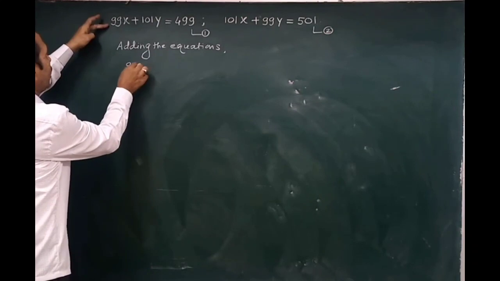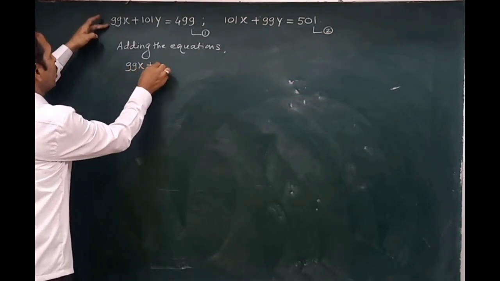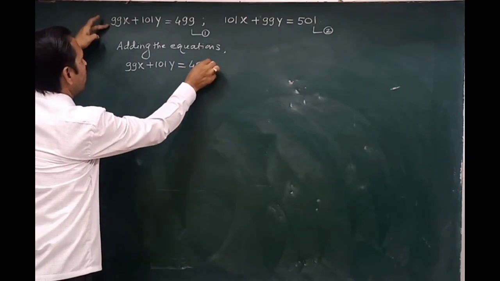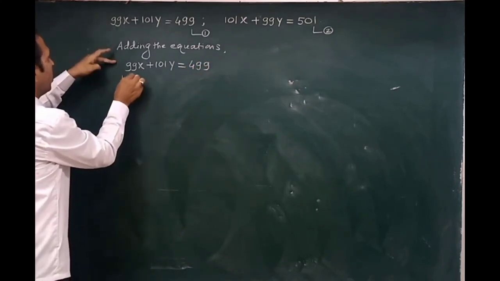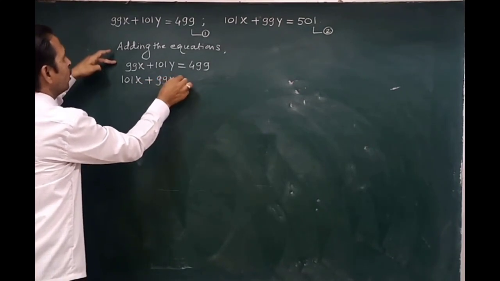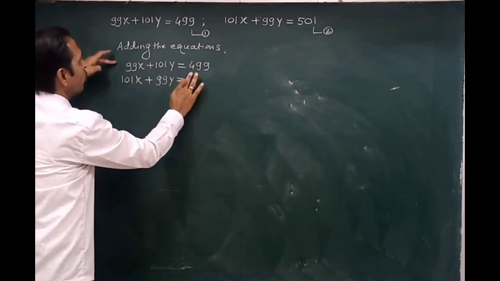Then 99x + 101y = 499 and 101x + 99y = 501.